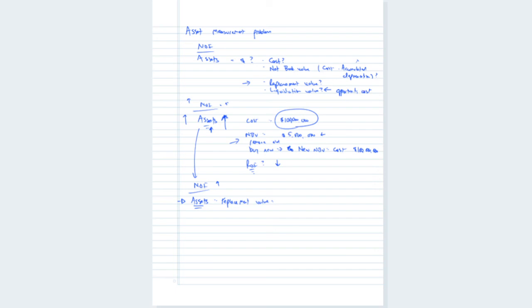So there's reasons for all of these different measurement concepts. They're all fine. They're all good. You just need to recognize what effect they're going to have on managers' incentives and interest in investing in new assets.